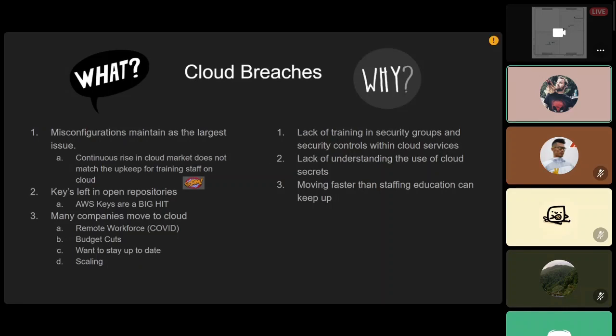Another big thing: keys left in open repos or repositories. AWS keys are a big hit. For those of you that don't know, an AWS key is essentially like the username and password or the SSH key to get into a cloud environment.